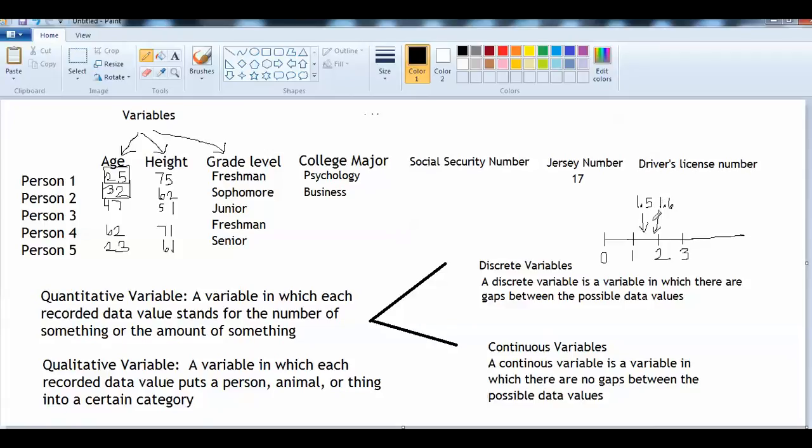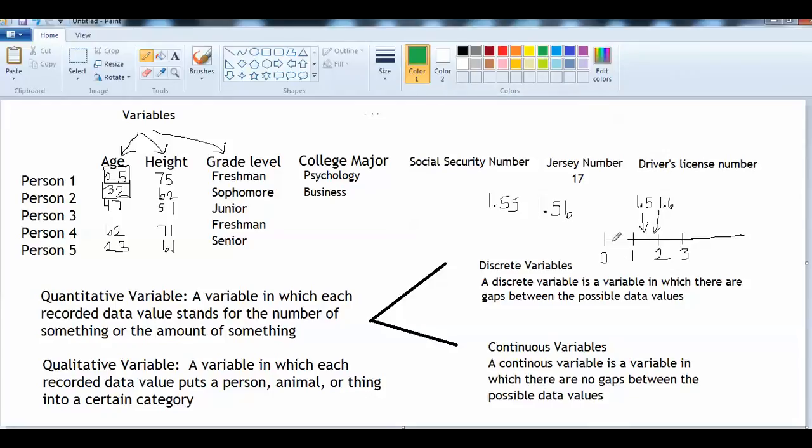That could be an exact age. And if we looked at these two possible exact ages, 1.55 and 1.56, there's also no gap between these two values, because at this moment a person could be 1.557 years old.